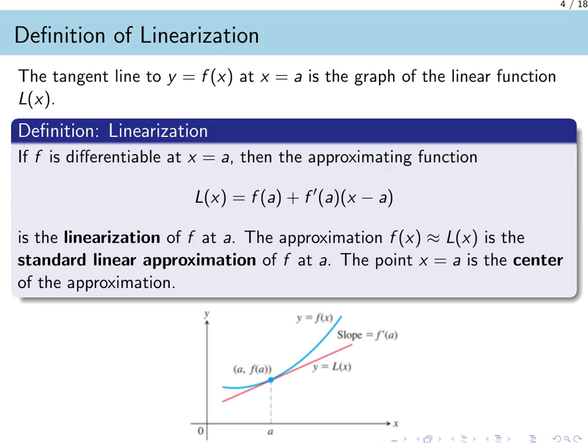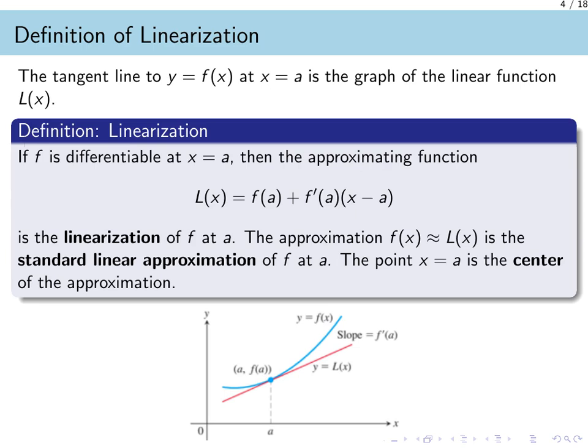For this to work, our function f must be differentiable at a point we call the center, x equals a. The linearization, which I will call L of x, is simply the equation of the tangent line at that point. L of x equals f of a plus the derivative f prime of a times the quantity x minus a.